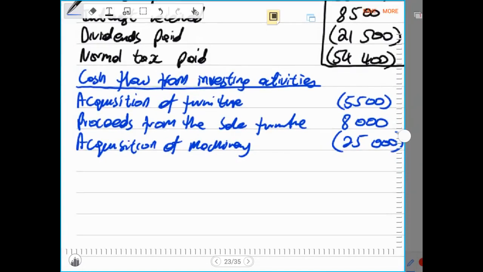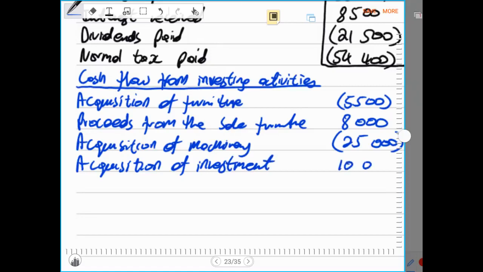Therefore now, under cash flow from investing activities, this will be acquisition of investment. That means the business acquired an investment that amounted to 10,000 rands. So now that will be recorded as cash going out of the business.